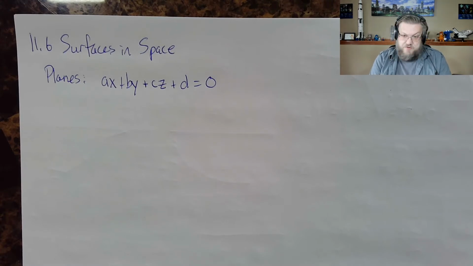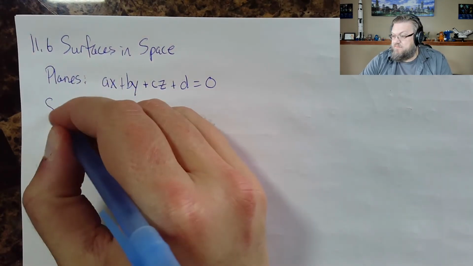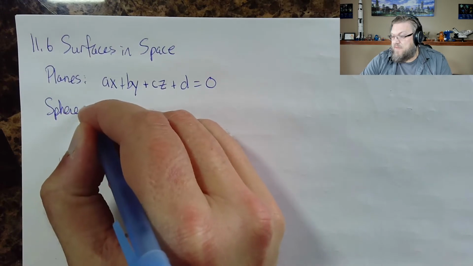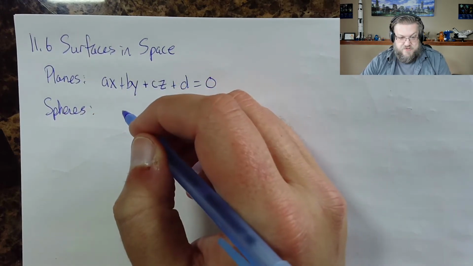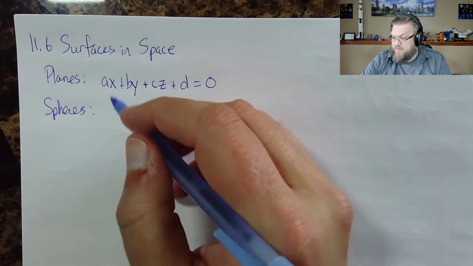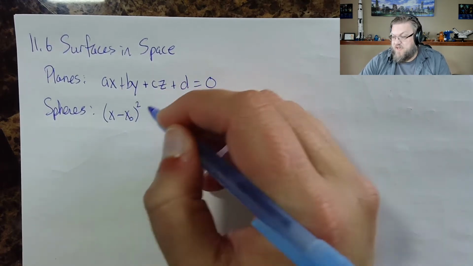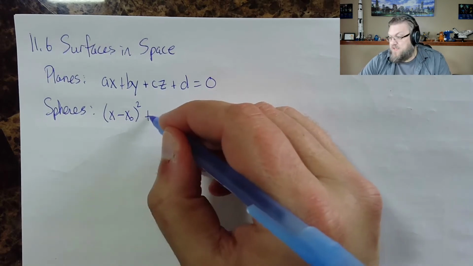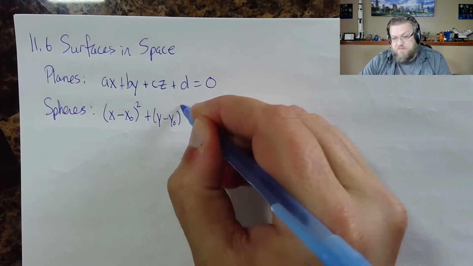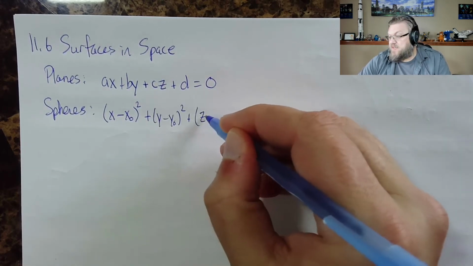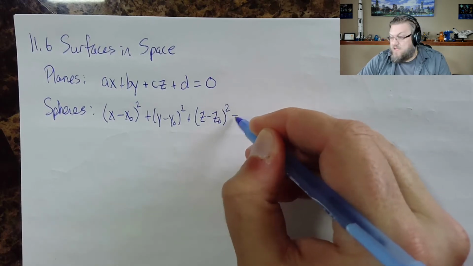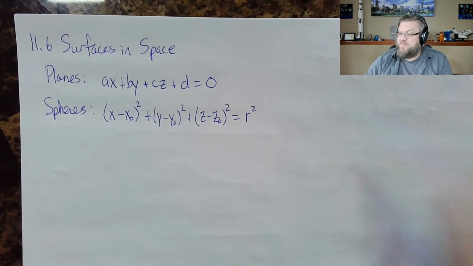We also have dealt with other surfaces. We've dealt with spheres, right? So spheres are surfaces in 3D, and we even have an equation for those, right? (x minus x naught) squared plus (y minus y naught) squared plus (z minus z naught) squared equals r squared.